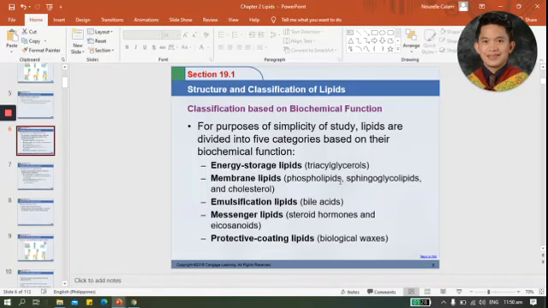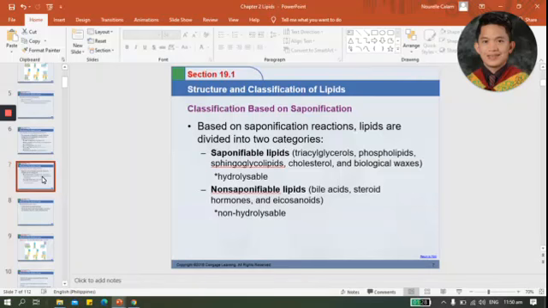Now, if we talk about the classification of lipids based on saponification, we can divide lipids into two categories: those that can be hydrolyzed, or the saponifiable lipids, and those that cannot be hydrolyzed, or the non-saponifiable lipids.